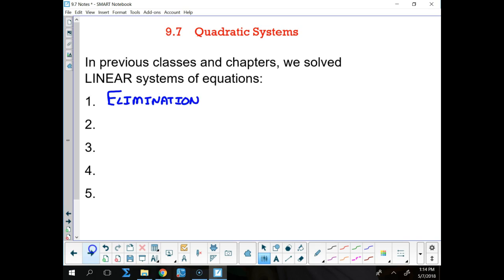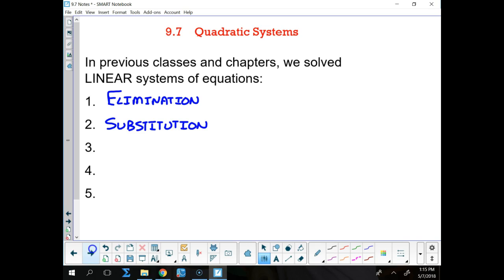Tim, you would also come up with another way? Substitution. Can anybody come up with another way? To solve a system of equations. More than one equation at a time.